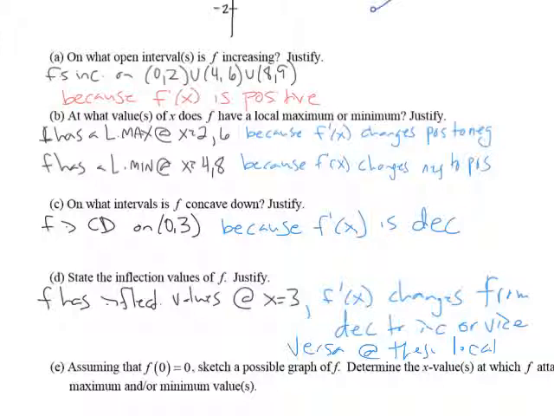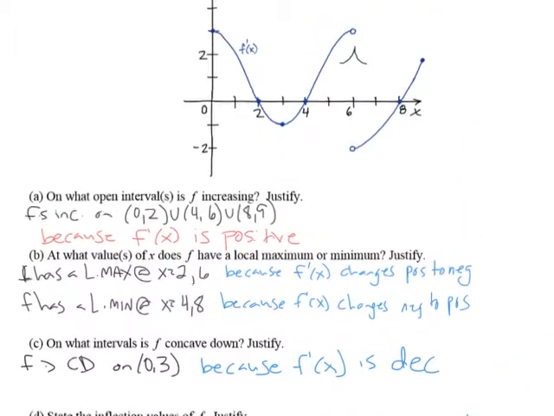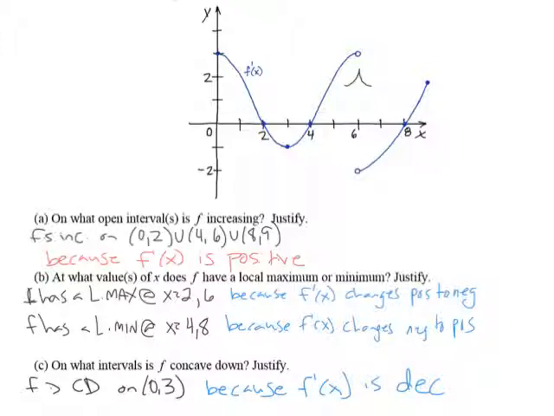Okay, and finally in part E, they're asking us to sketch a curve again, assuming that the function starts at 0. So going up here, our function starts at f of 0 equals 0. We attain a maximum at x equals 2, and looks like we're going to be concave down from 0 to 2.